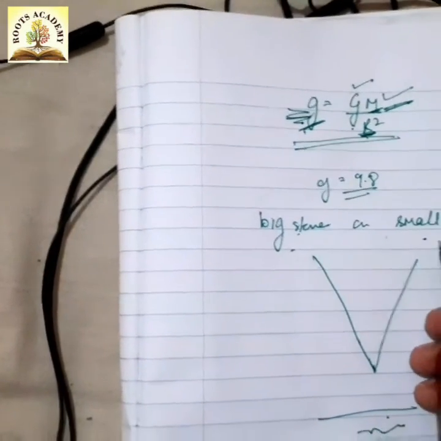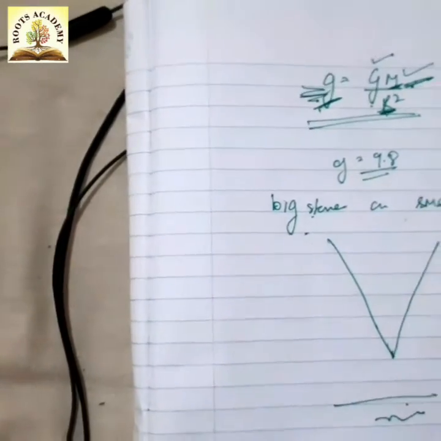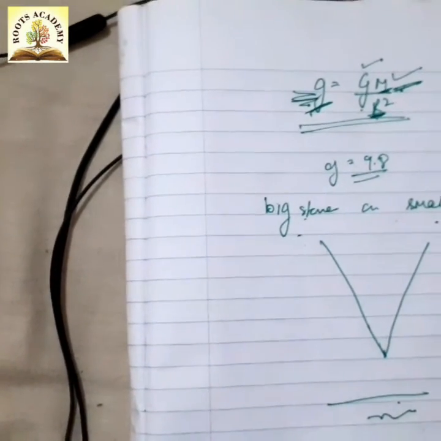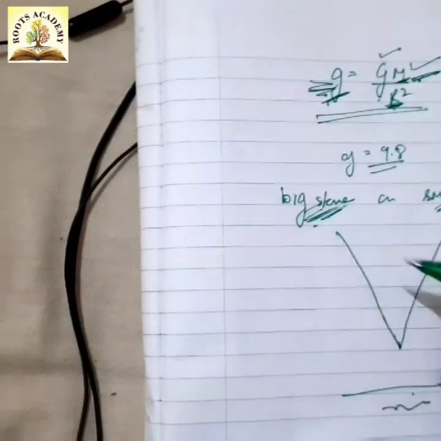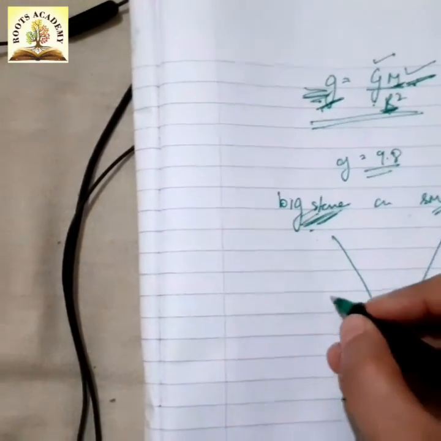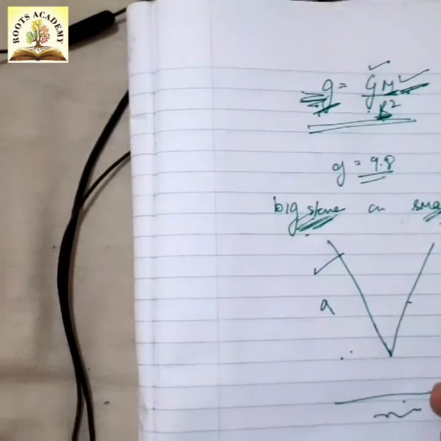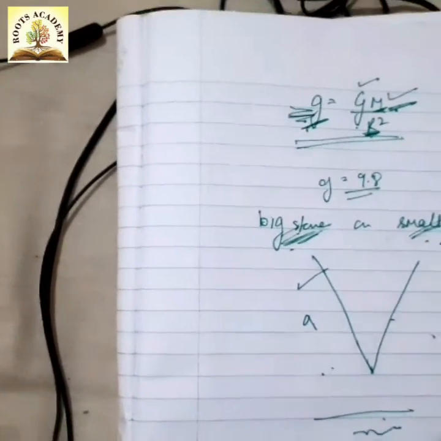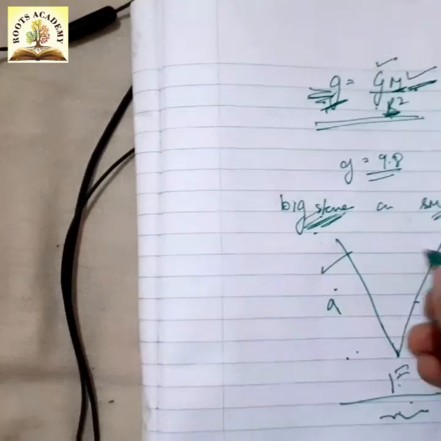It depends only on the mass of the earth, which is constant. That is the reason the acceleration due to gravity for both stones is the same, because the force acting on both objects is the same.